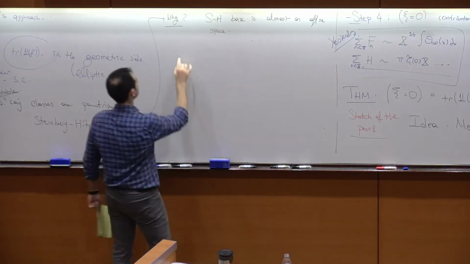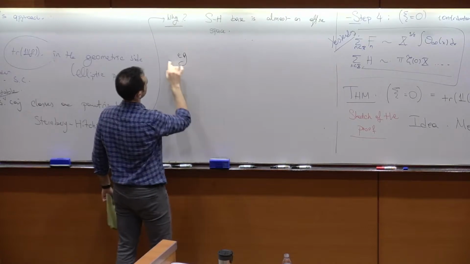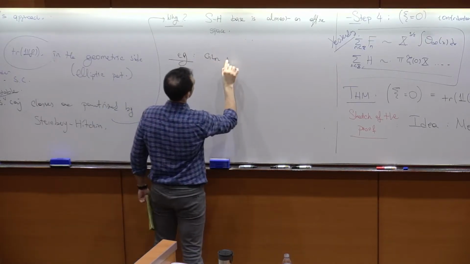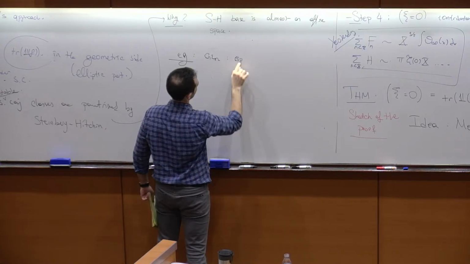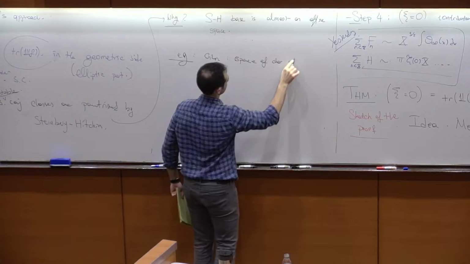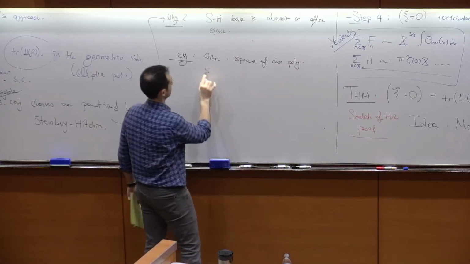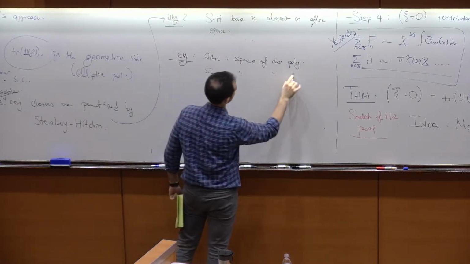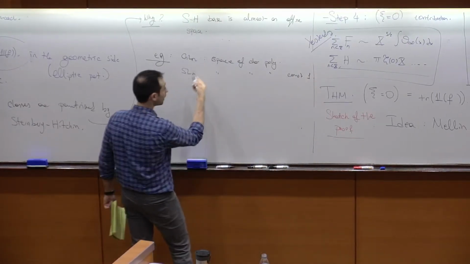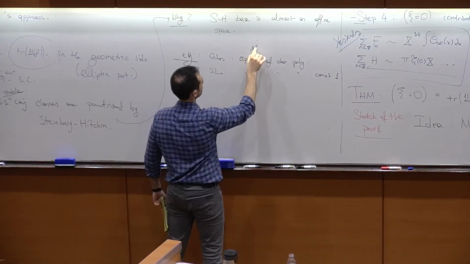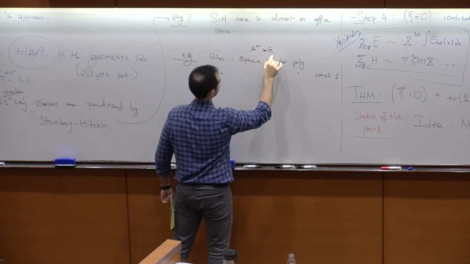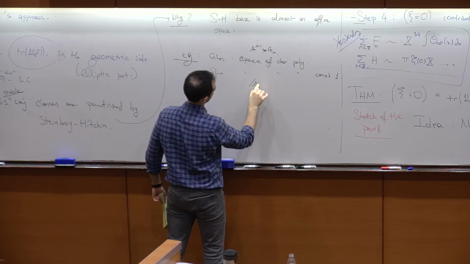For example, SLN or GLN, doesn't matter. This is the space of characteristic polynomials. Or for SLN, the space of characteristic polynomials with constant term 1. So, as you see, this is just A^(n-1) times a Gm factor. And here, this is just A^(n-1).